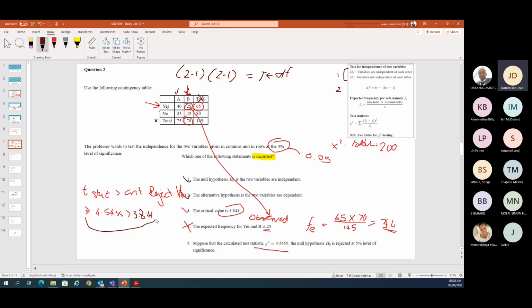So because of that, we can reject. The null hypothesis is rejected, which is correct.